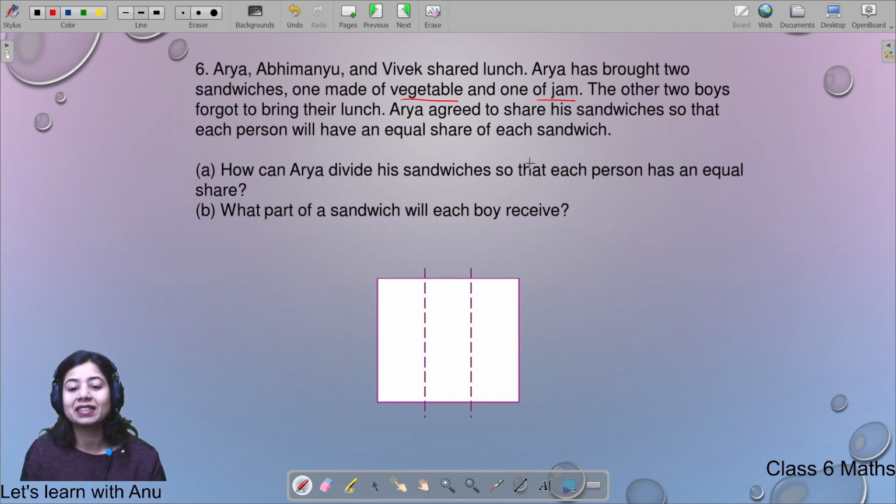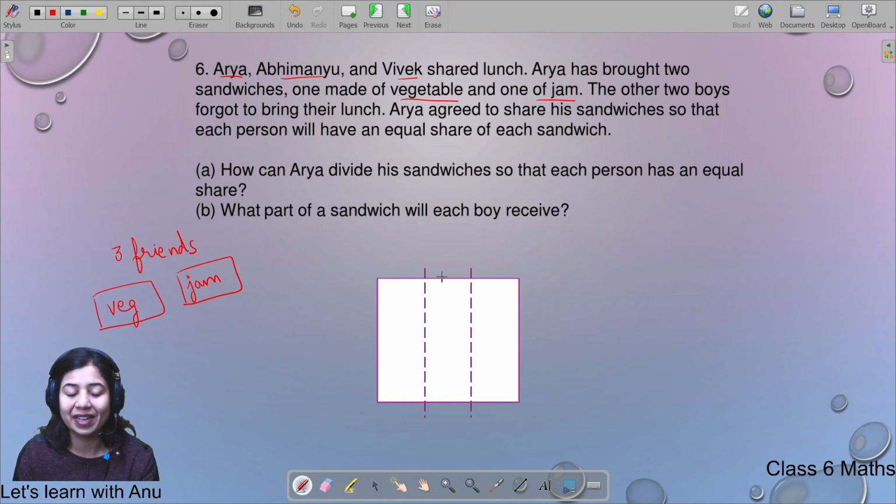They're just saying that there's a scenario with 3 friends, out of which 2 forgot to bring their lunch. And now Arya will share his sandwiches. We have 2 sandwiches, one veg sandwich and the other a jam sandwich, right? We have to divide them equally among them.